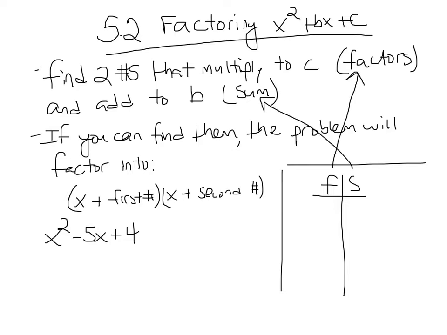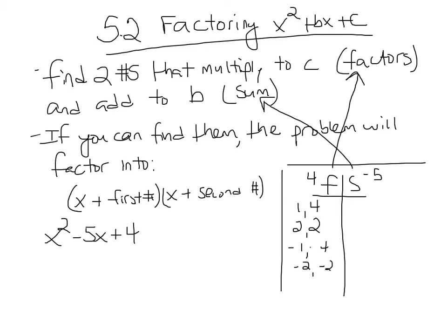We're trying to find two numbers that multiply to give us c, which in this case is 4, and add up to b, which in this case is negative 5. So let's write down all the numbers that multiply together to give us 4. We could have 1 times 4, or 2 times 2, or negative 1 times negative 4, or negative 2 times negative 2. Those are the only possibilities.